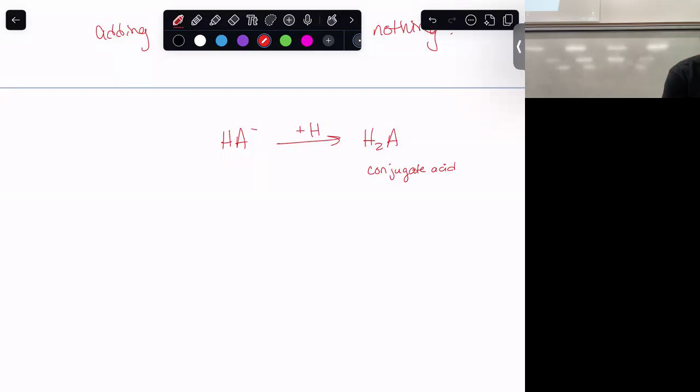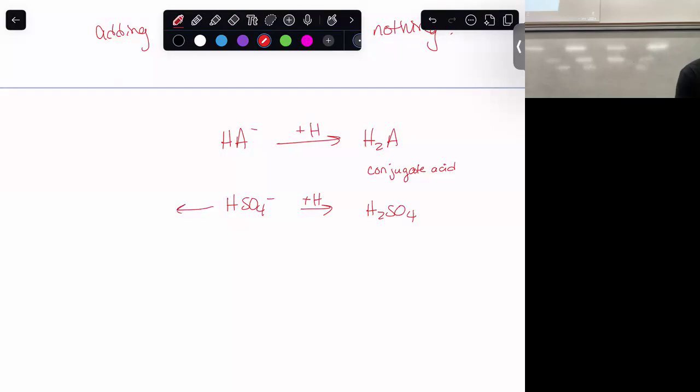Because if this were, let's say, HSO4 minus, I am messing all of this up. This one, plus a proton is going to be H2SO4, and that's your strong acid.